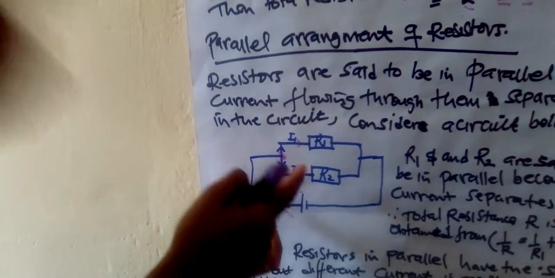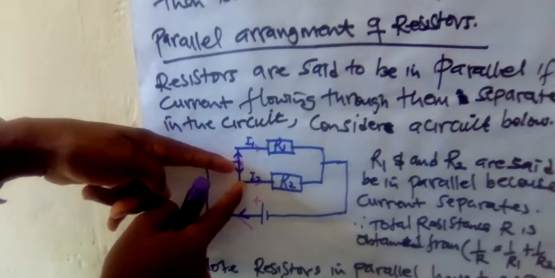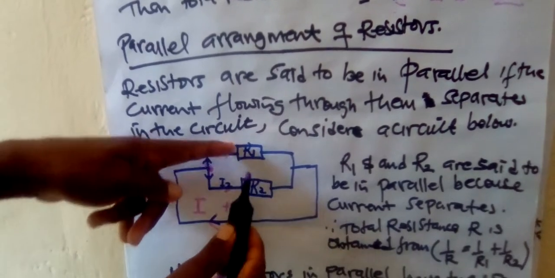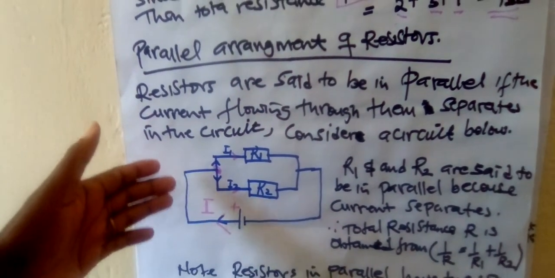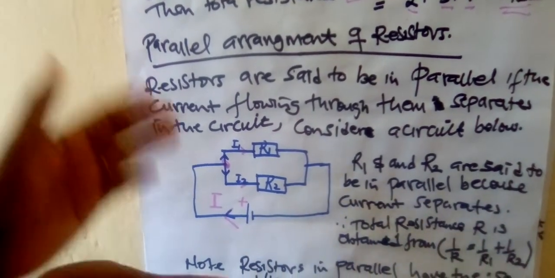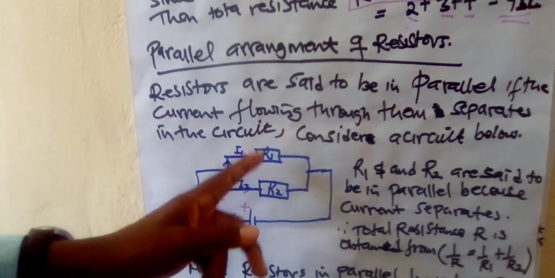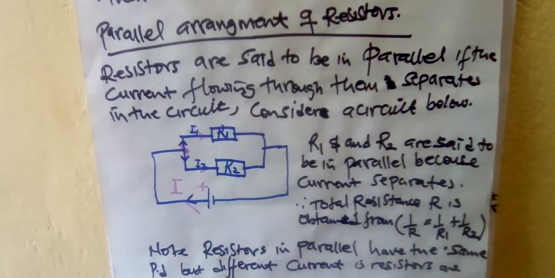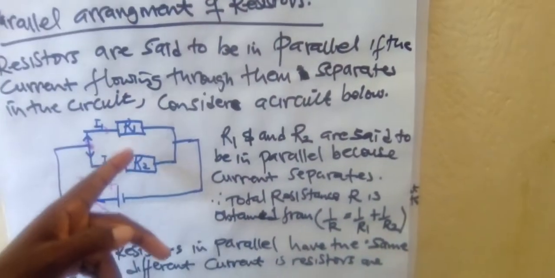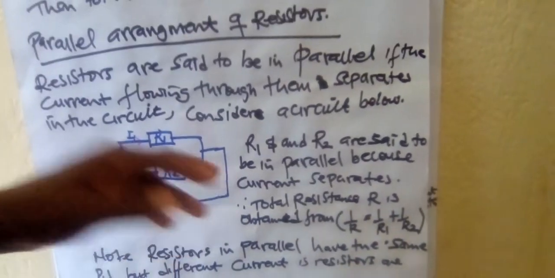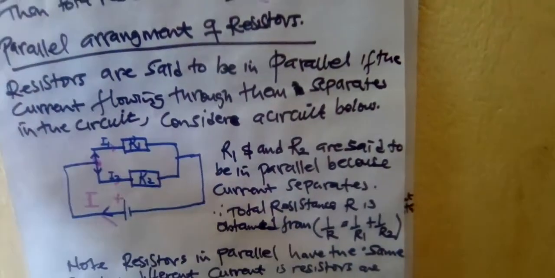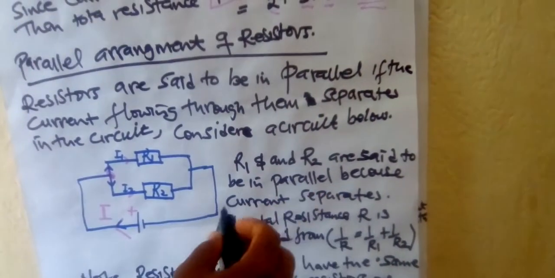Now, when it separates into I1 and I2, it means that R1 and R2 share current. Therefore, they are in parallel. So because current separates, R1 and R2 are in parallel.